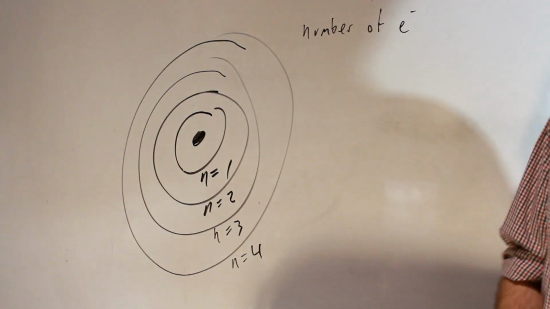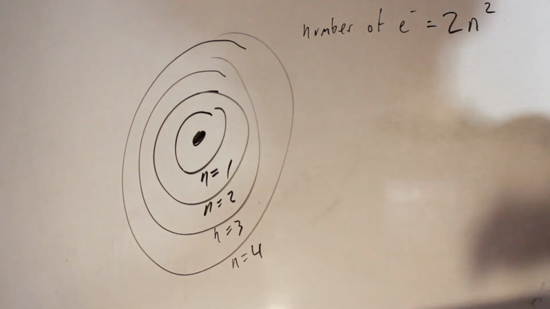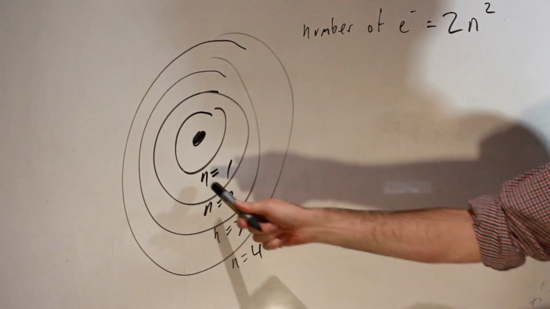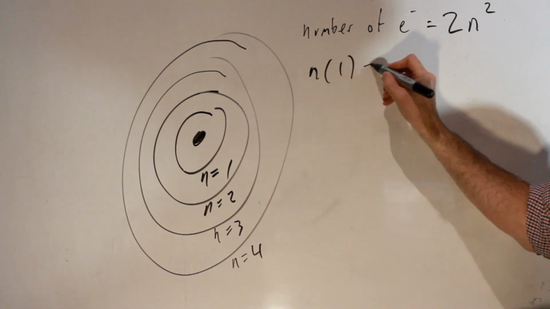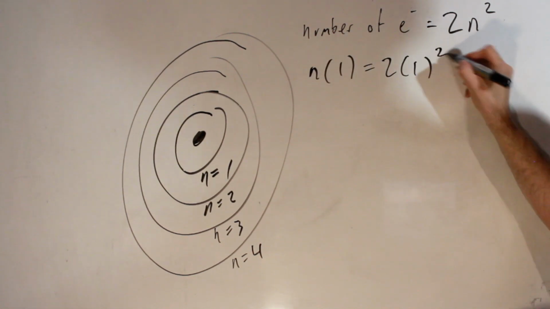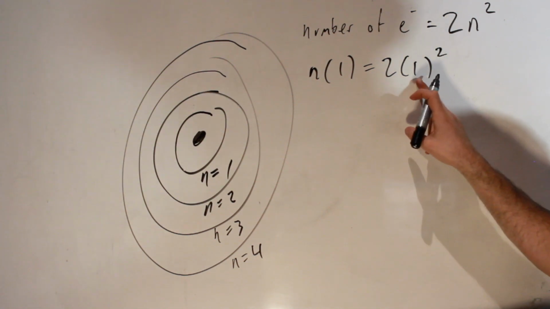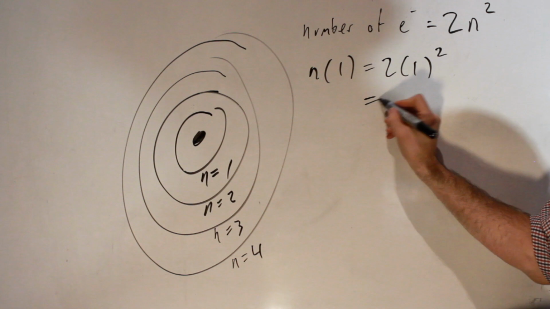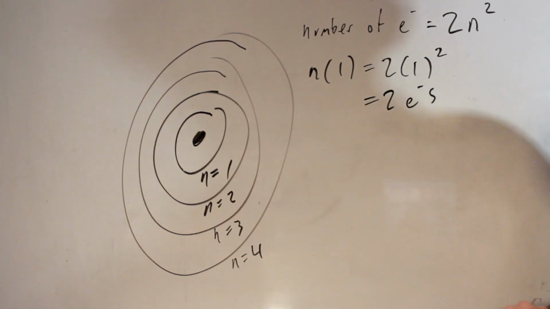Number of electrons is equal to the 2n squared rule, where n is our principal quantum level. So when n is equal to 1, we have 2 times 1 squared. 1 squared, 1 times 1 is itself, times 2 is 2. The first principal quantum level can hold 2 electrons.